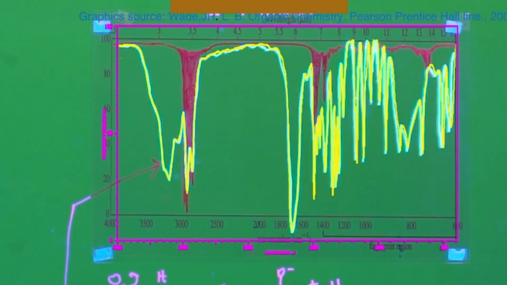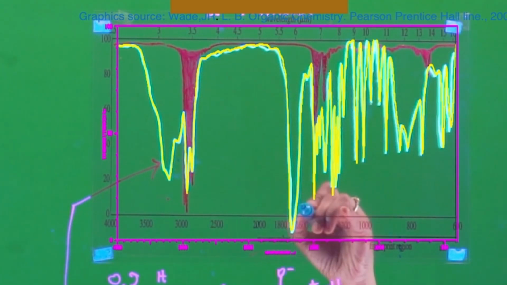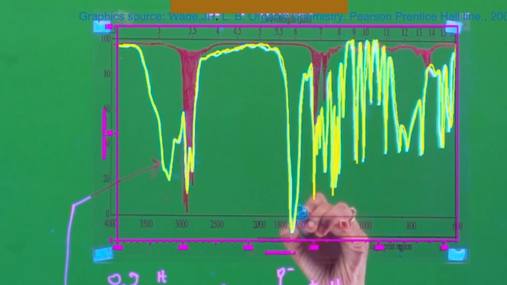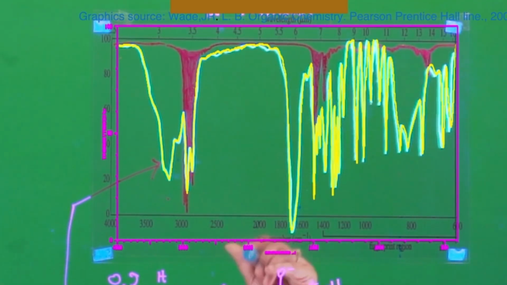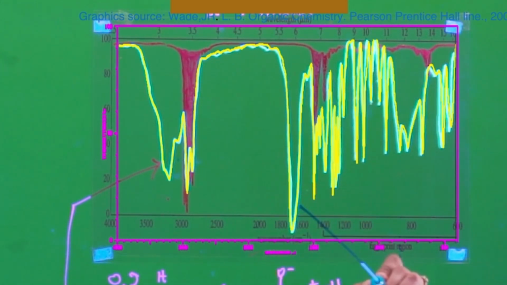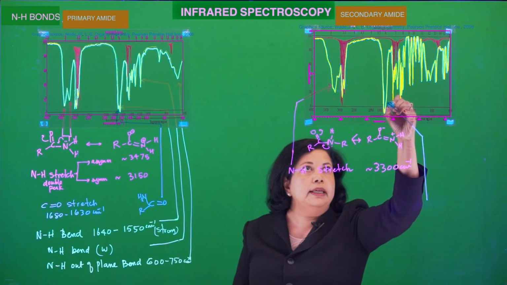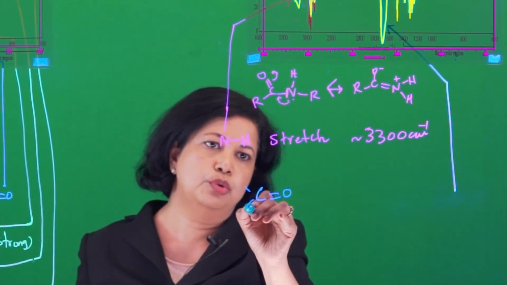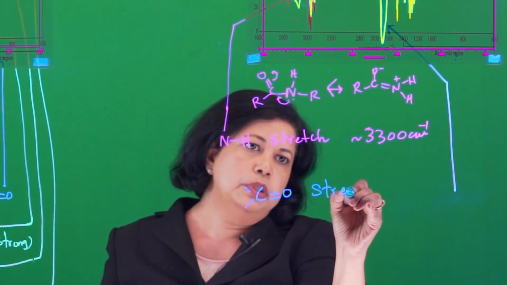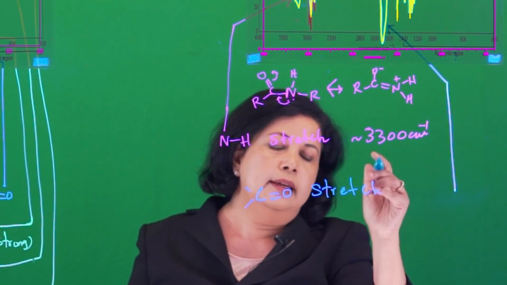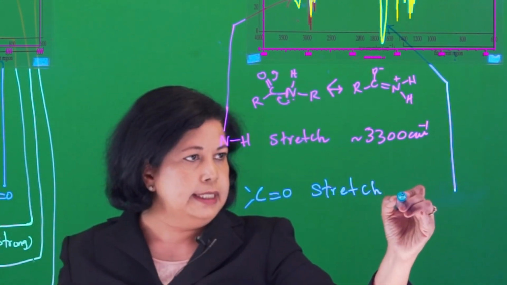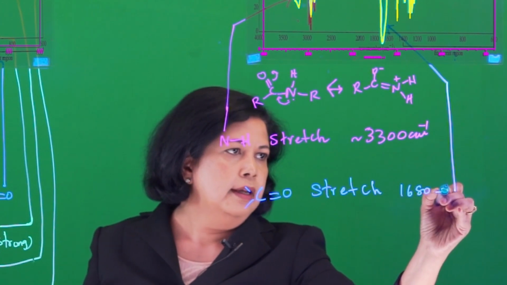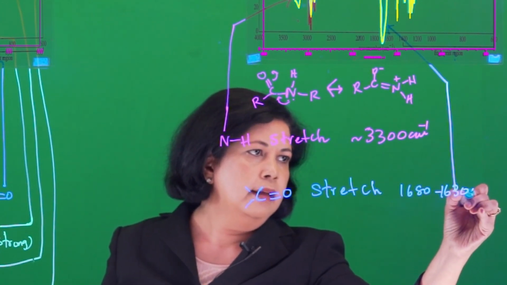All right, so again, we have a very strong peak around about 1680 really, and that is going to be a CO stretch. That's right. So CO stretch is always the most intense peak in an IR spectrum, about 1680 to 1630.